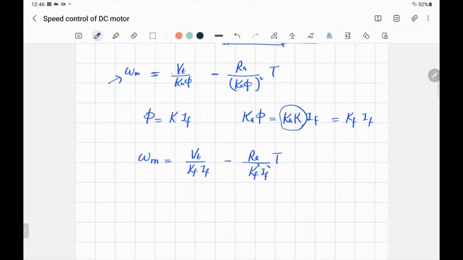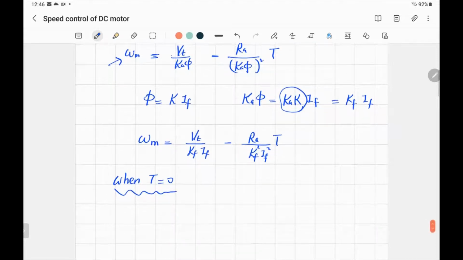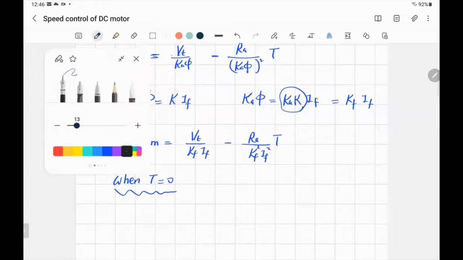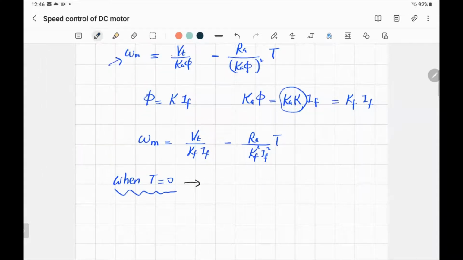Let's say for a particular condition of no load, when the torque is equal to 0, what is happening? We're going to do the same analysis as we did with armature control. If the torque is equal to 0, the speed omega m will be equal to Vt over Kf times 1 over If.